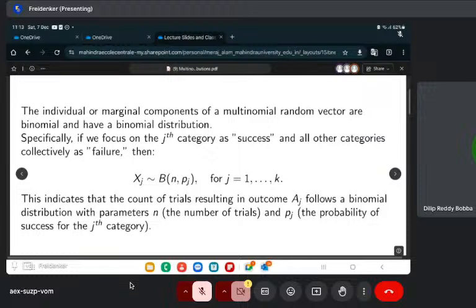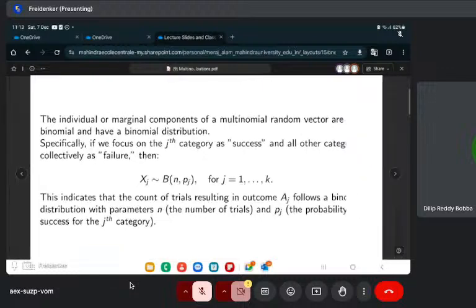That's it. It's simple. Maybe if you look at an example, it will make things clear. It should be simple to understand, because if any other event happens, it should be considered as a failure. So the sum of all those probabilities will be 1 minus pj. So failure is 1 minus pj, success is pj.